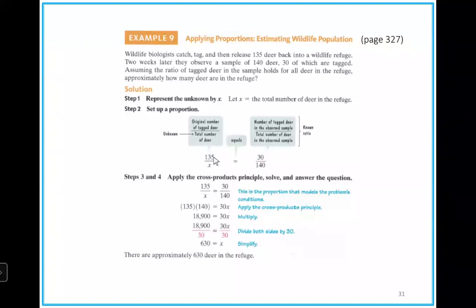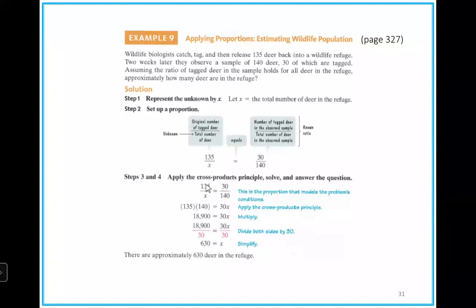So the 135 had a tag that they sent out, but they don't know how many deer are in the refuge. So this X is representing the amount of deer in the refuge. But they know they tagged 135. So if after 2 weeks, I spotted 140, and of that 140, 30 had a tag on them, I could use this ratio to guess how many deer are in the refuge.